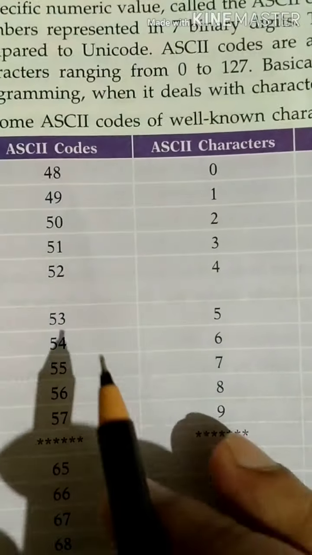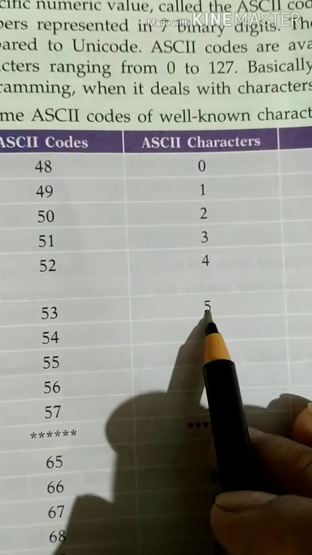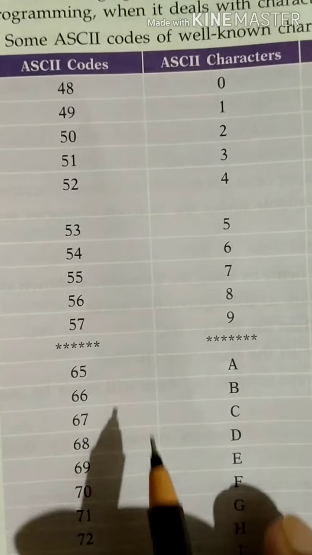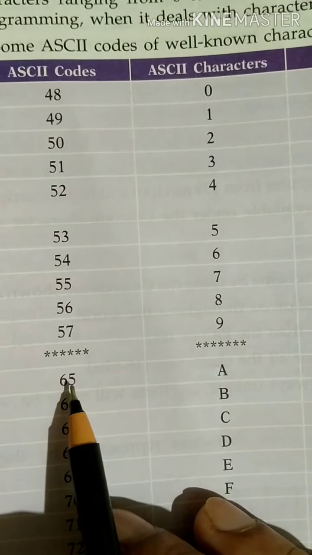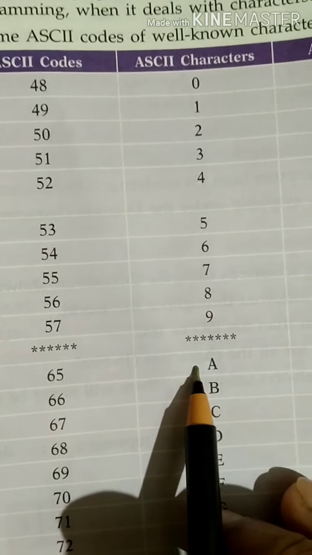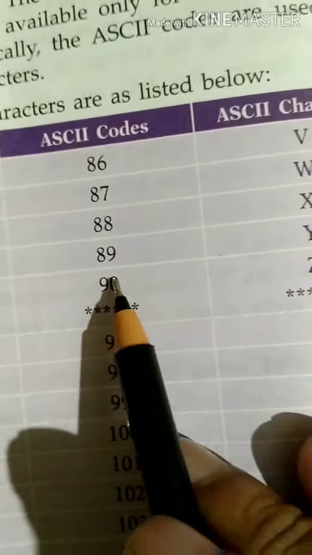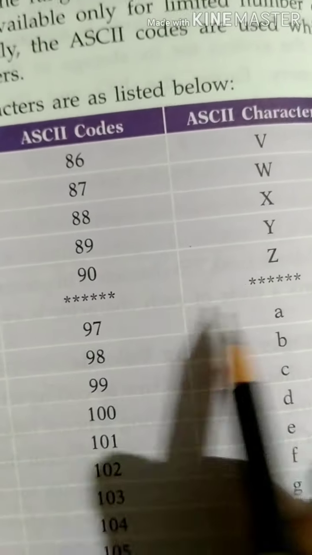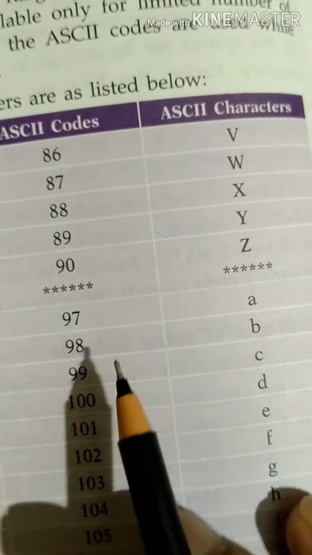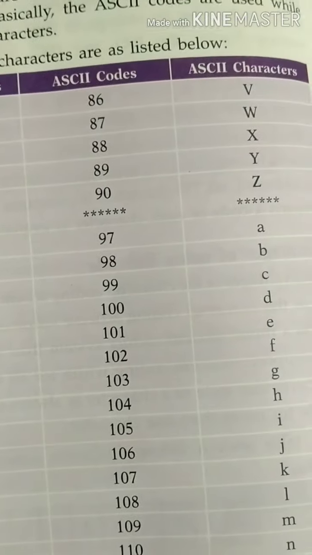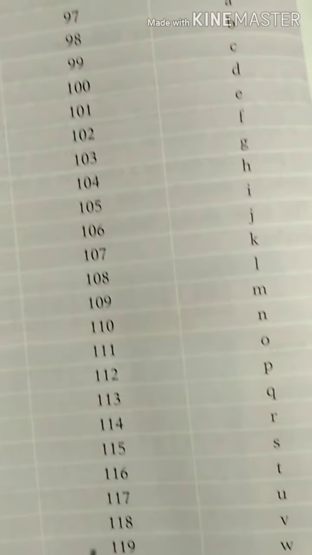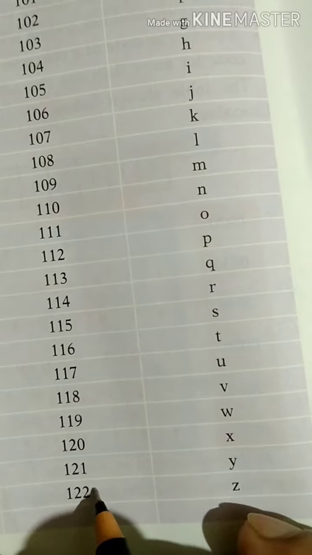If you press 53, then you will get 5. By holding Alt, if you press 65, then capital A. 90, then it will show capital Z. And if you press 97, then small letter a. Like this, when you press 122, it will show small z.